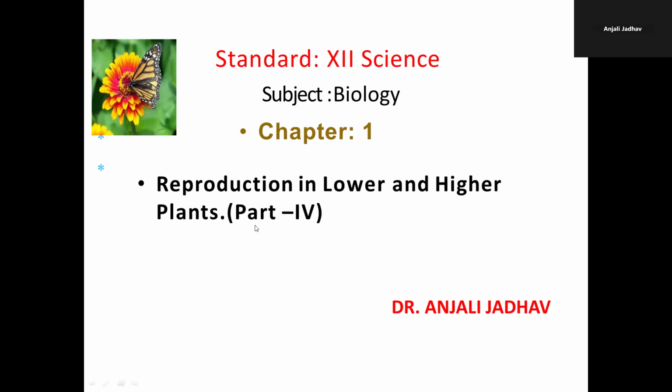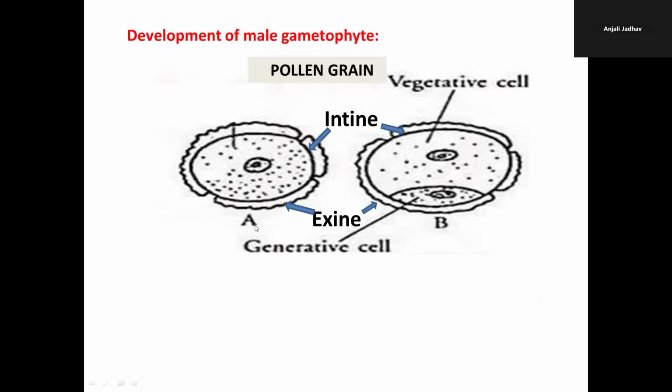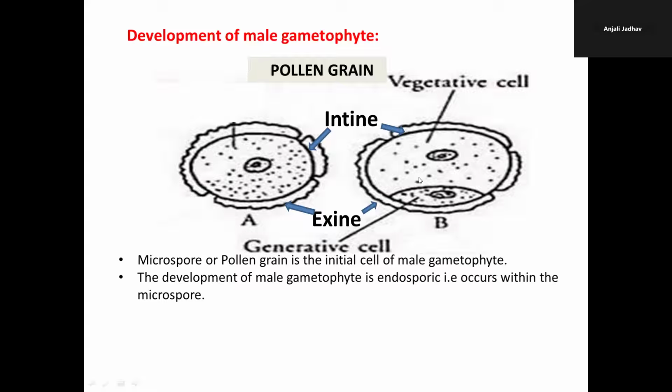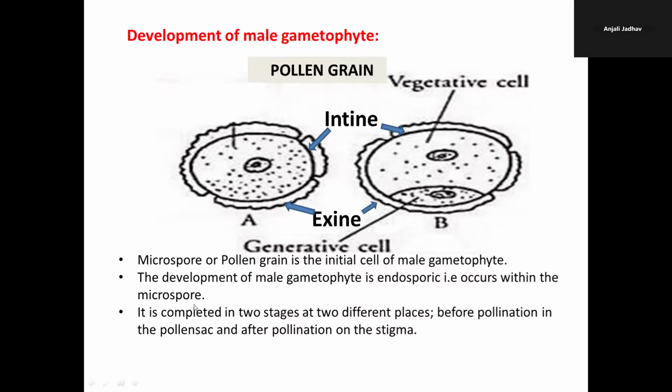Reproduction in Lower and Higher Plants. Development of male gametophyte. Microspore or pollen grain is the initial cell of male gametophyte. The development of male gametophyte is endosporic, that is, occurs within the microspore.